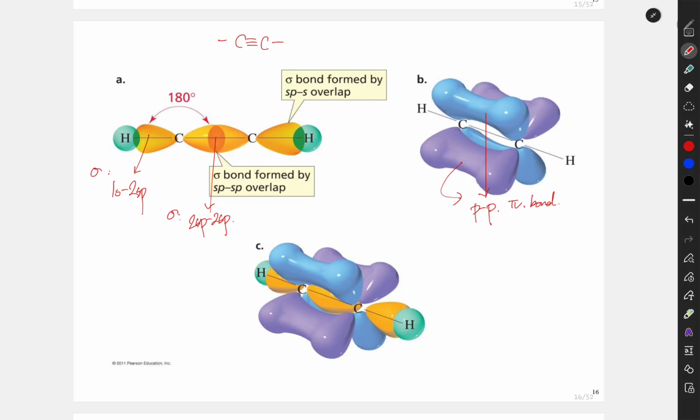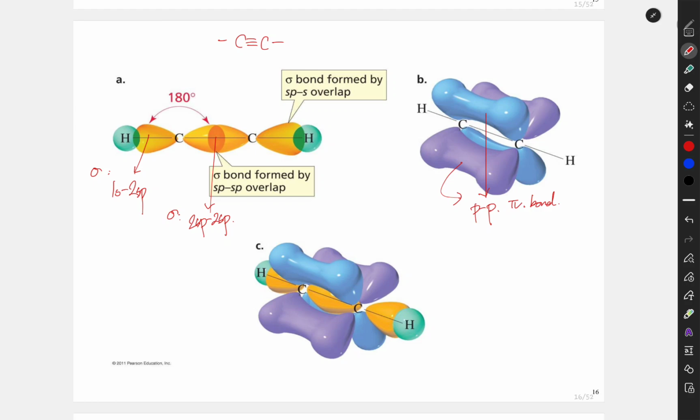So you can guess there must be two pi bonds between the two carbons. Blue and purple each give you one pi bond respectively.